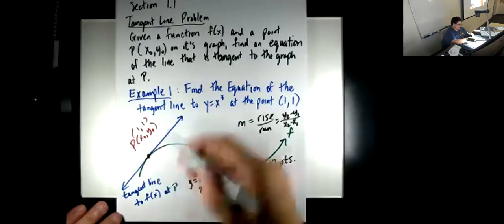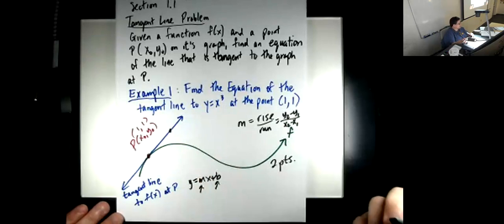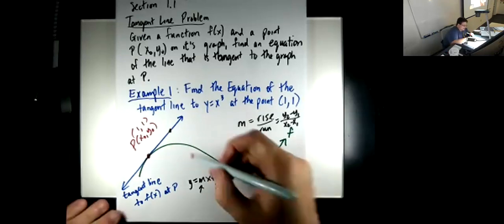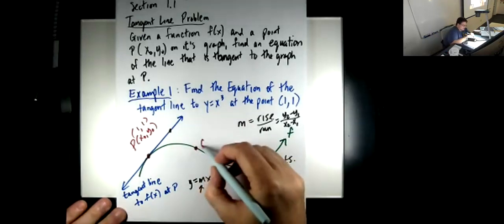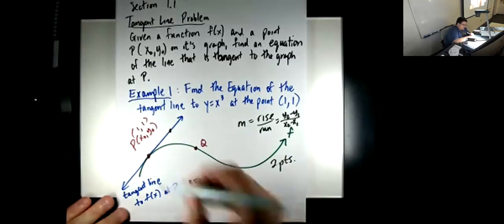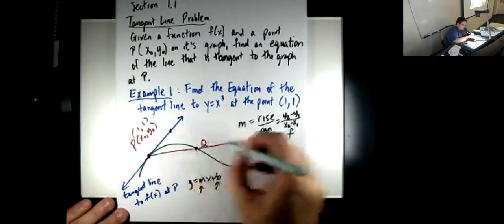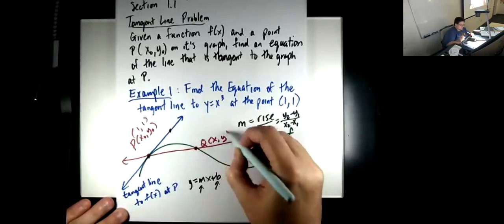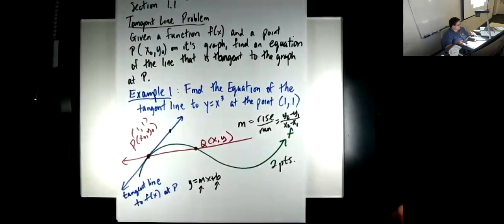And I could say, well, there's a point there, but I don't know what the value is. So what we do is we pick a different point somewhere else on the graph. We'll call that Q. And now we've got 2 points like that. And I don't know what that coordinate is. That's an x, y. Those are variables, x, y.